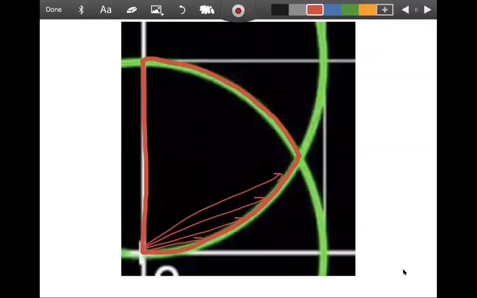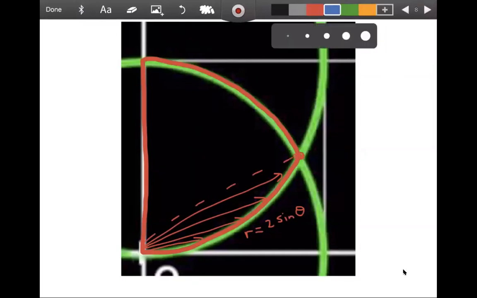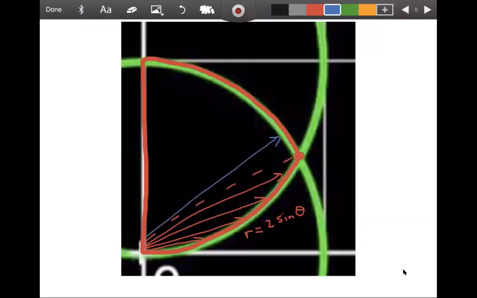I'm sorry. So notice that this curve here is r equals 2 sine theta. Okay, but that's only true until I get to this point, right? And then everything changes. As I continue through the region, now all of a sudden, I am exiting the region through the other circle, r equals 1, okay?